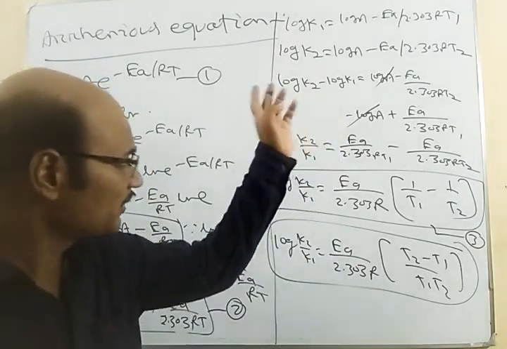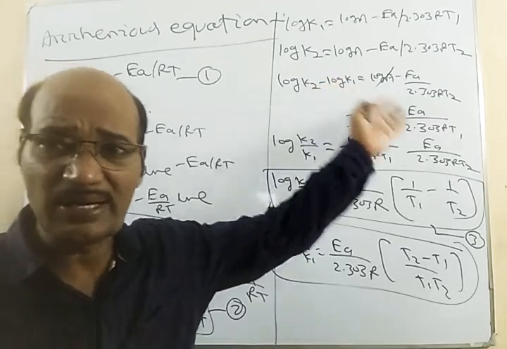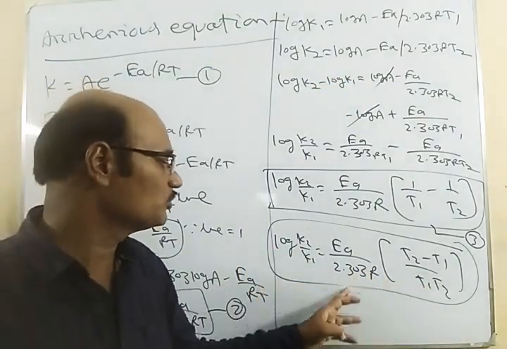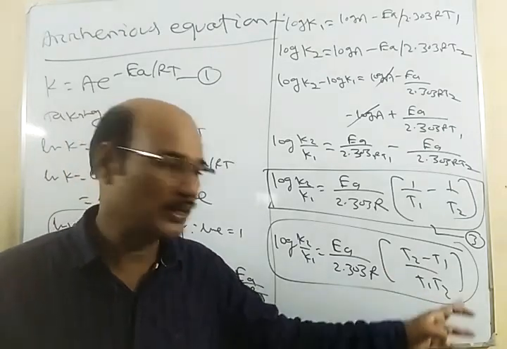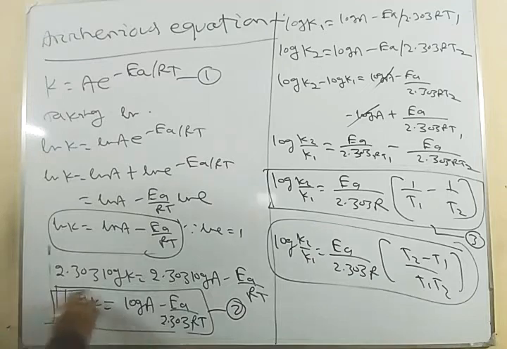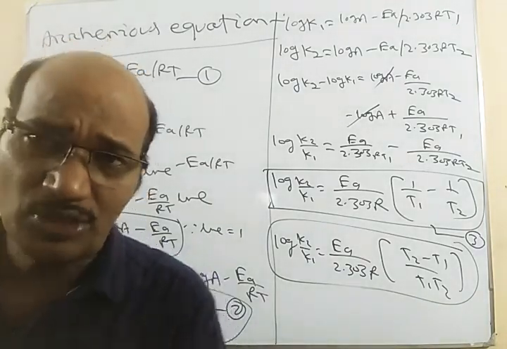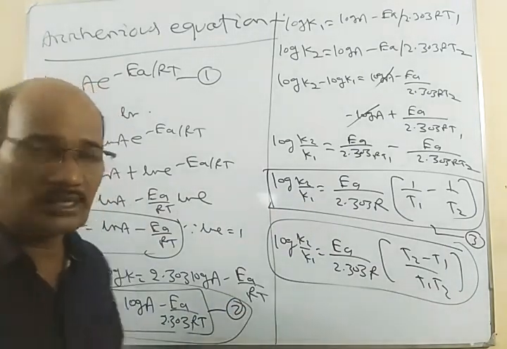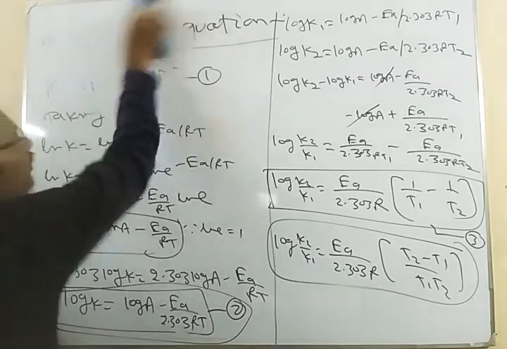If the rate constants at two different temperatures are given, then we can calculate log k2 by k1 equal to Ea by 2.303 R into T2 minus T1 by T1 T2. Now here, log k is equal to log A minus Ea by 2.303 RT. So from this we can calculate the value of activation energy. Let's see here.